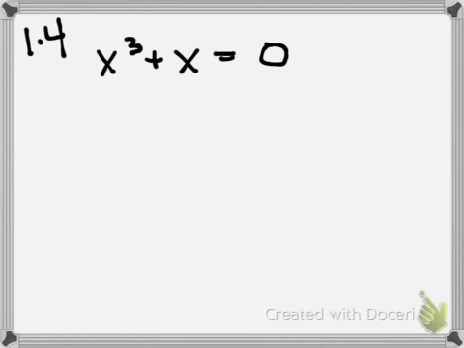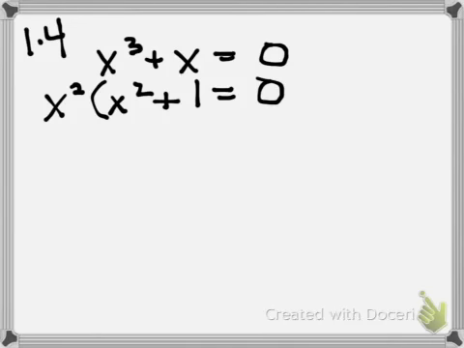So the first thing I want to do is factor out an x. It's common to both of these two terms. And I get x squared plus 1 equals 0. Factoring is important. Factoring an x out. And I'm getting x squared plus 1.